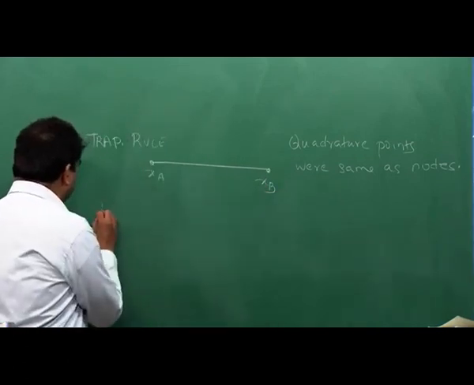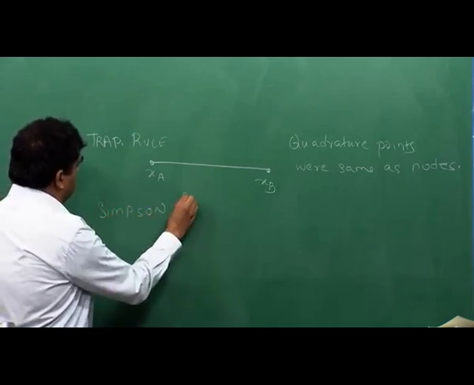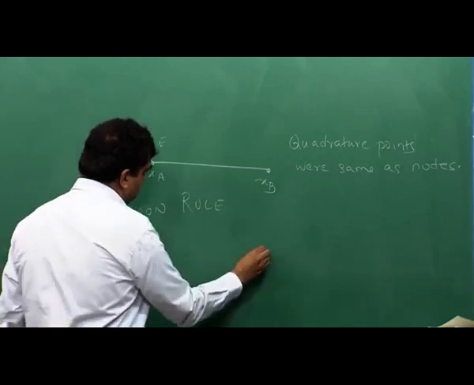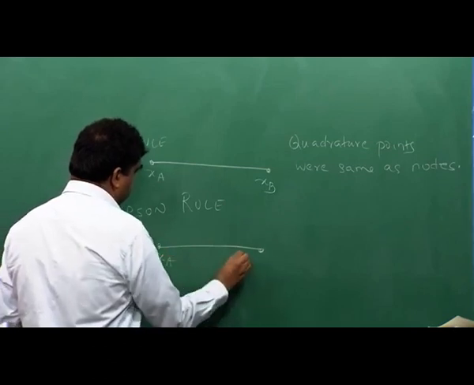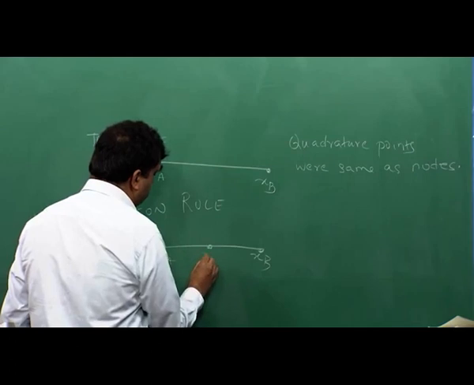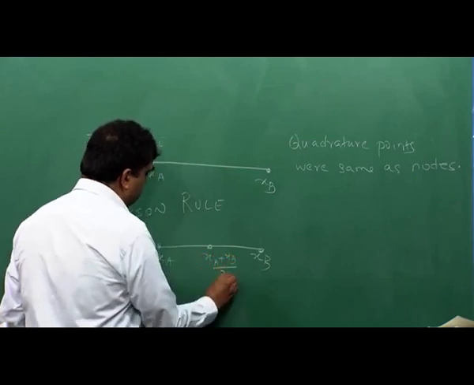In Simpson's rule, xa, xb, and this is the mid node, and its location was xa plus xb by 2.